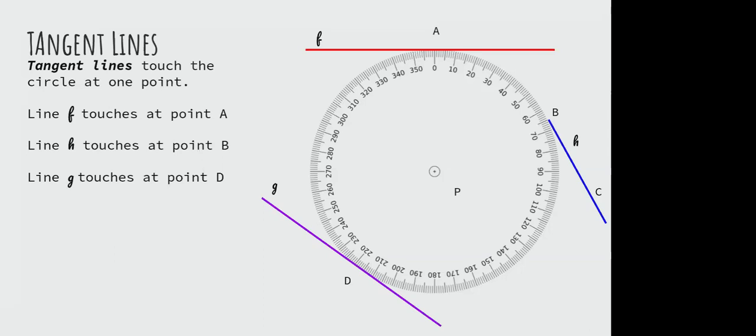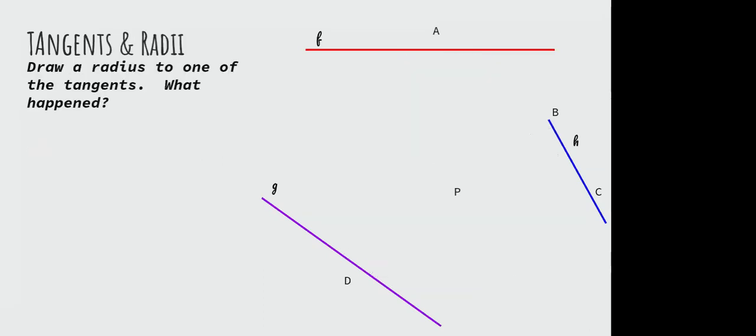Okay, you ready to move? So now, if we draw a radius to one of the tangents, what happens? So again, in your notes, draw the circle.